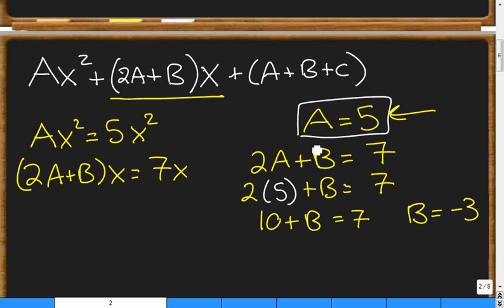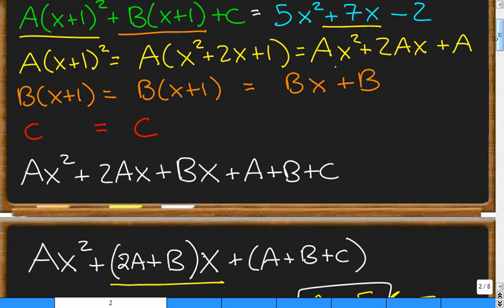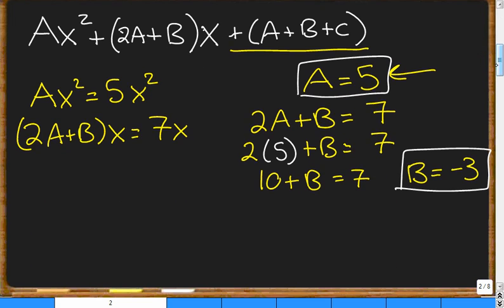So far we have a and b. Now we have to go back and find what our c value is. So we go all the way up again, and if a plus b plus c is the same thing as -2, then a plus b plus c equals -2.